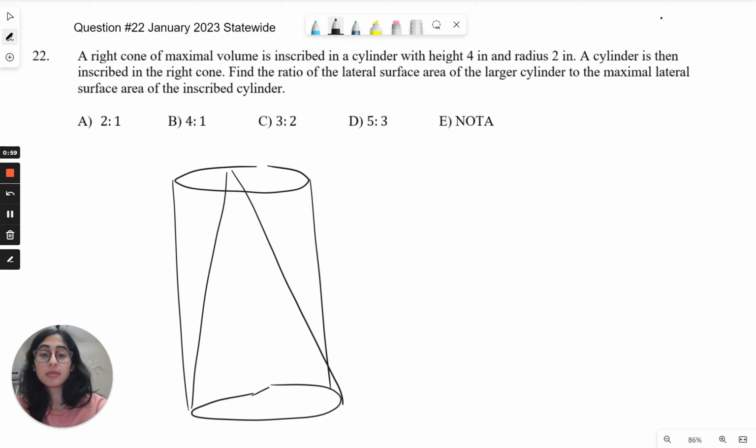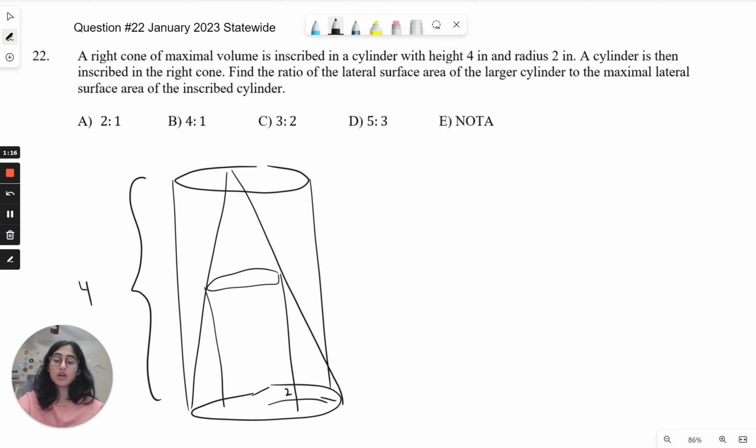So the radius is going to be 2 inches, and the height is going to be 4 inches. Now there's another cylinder inscribed in this cone, and we're supposed to find the ratio of the lateral surface area of the larger cylinder, which is just the surface area minus the bases, to the maximal lateral surface area of the inscribed cylinder.